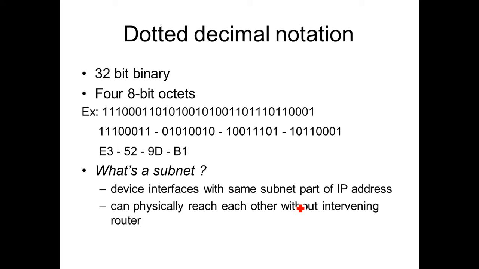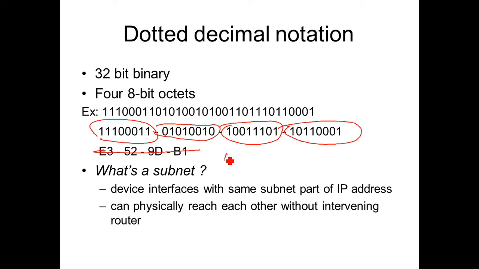Now, what is an IP address? IP address is a 32-bit binary address, but it is actually represented by dotted decimal notation. It is 4 8-bit octets. For example, if you convert this particular address to an IP address, you need to know how to convert a binary number to a decimal number.